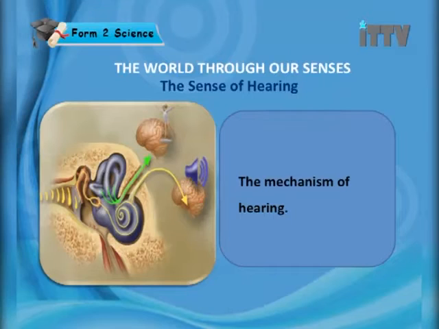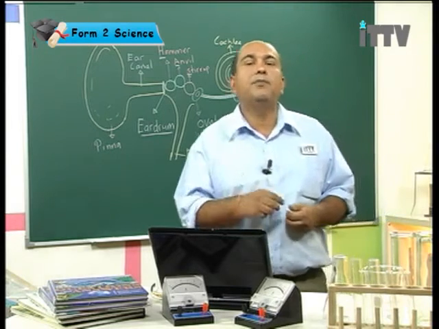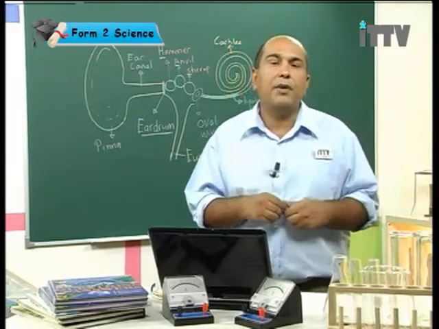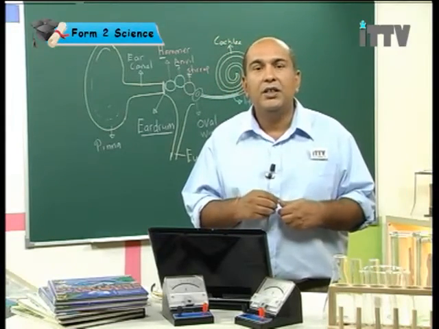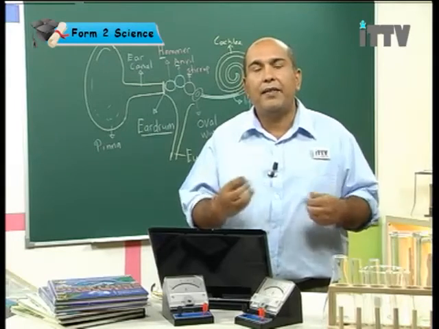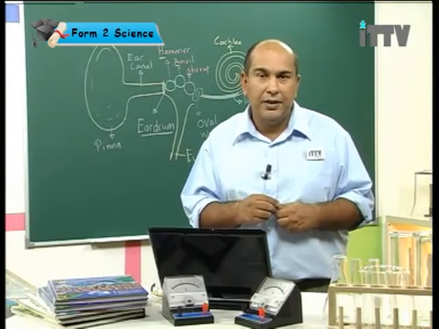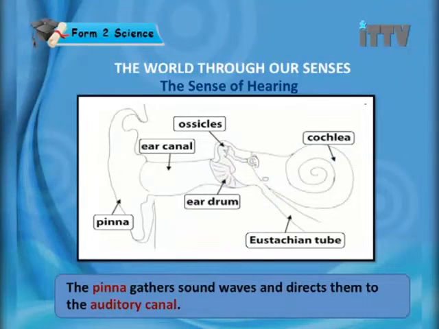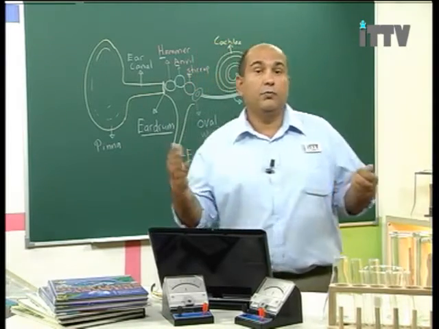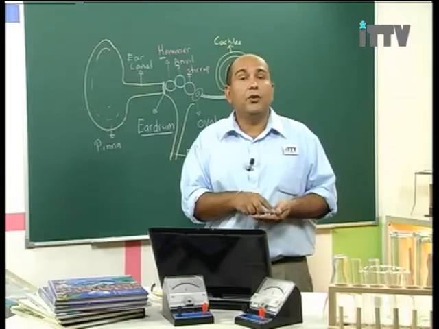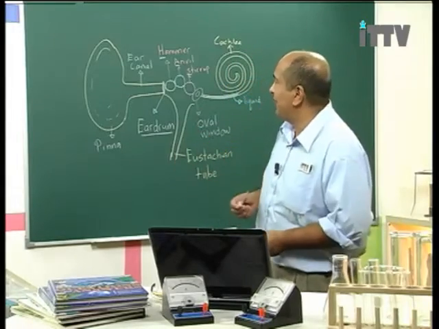The mechanism of hearing. Now, in order to hear, there has to be some sound. The sound, remember, are caused by vibrations, and basically the idea is to gather these vibrations and send them into the ear. The pinna gathers sound waves and directs them to the auditory canal or the ear canal, whichever one you prefer. So let's have a start and go through this.